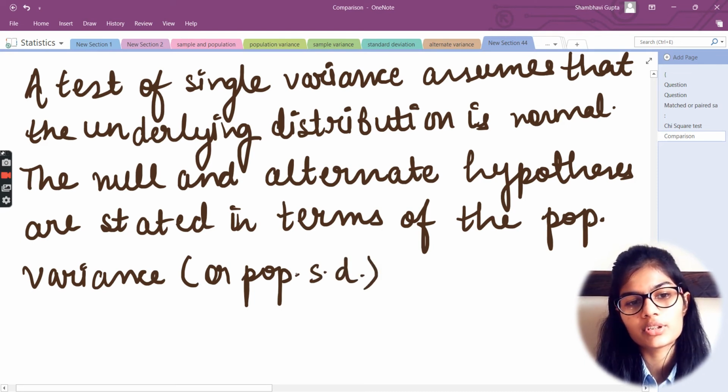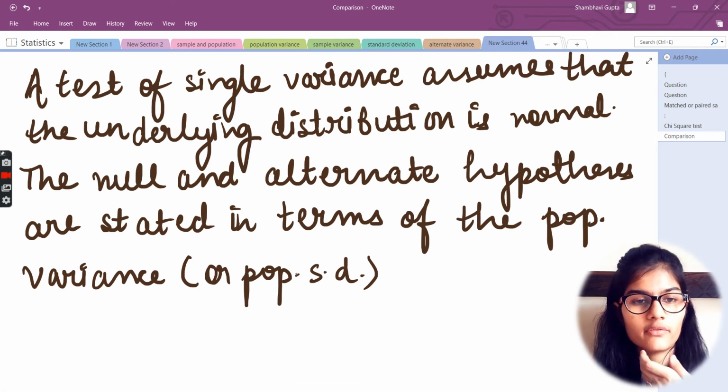So the null and the alternate hypothesis which we have right here for all of the ones.